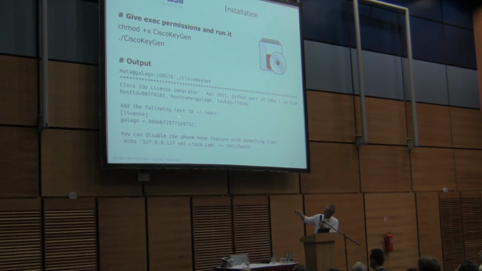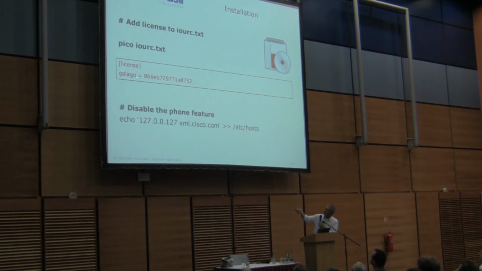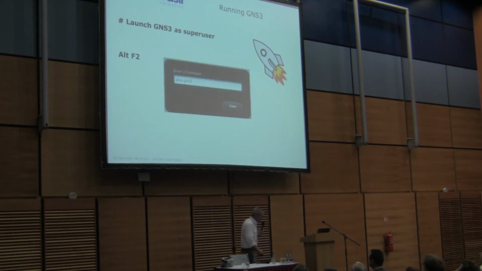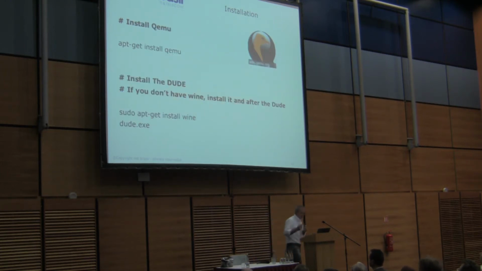And this is the key that you put in this text file, and the license for Cisco is okay. After that, you have to install QEMU, the Kiko emulator, and the dude; follow the wiki.